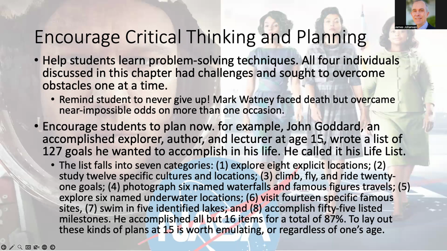But there's also this idea of planning. Maybe some of you have heard of an individual named John Goddard, who, at the age of 15, wrote this list of 127 goals that he wanted to accomplish in his life. And the fact of just writing those things down makes it far more likely that you're actually going to accomplish that.